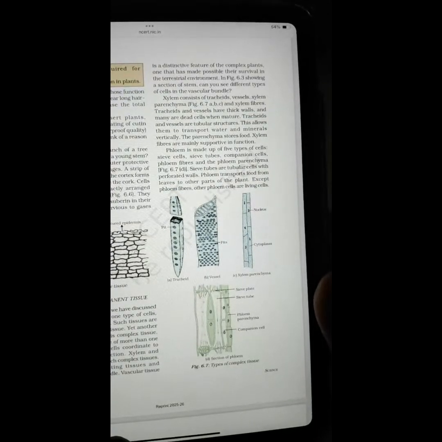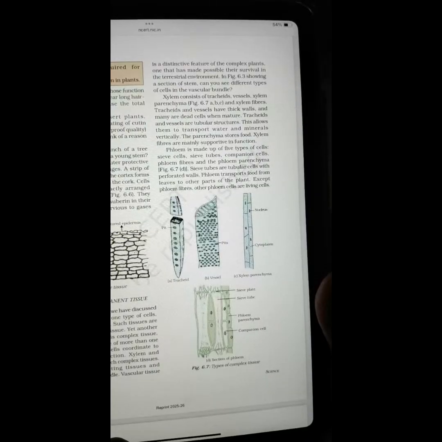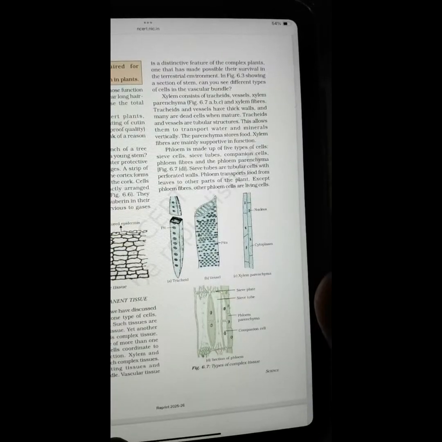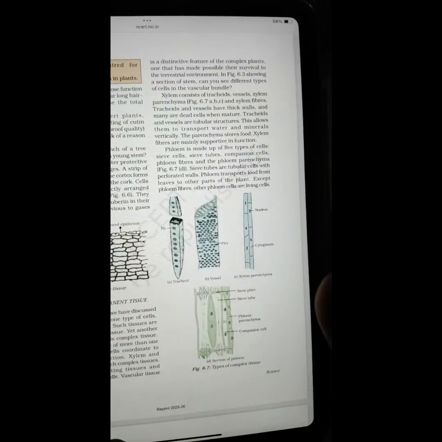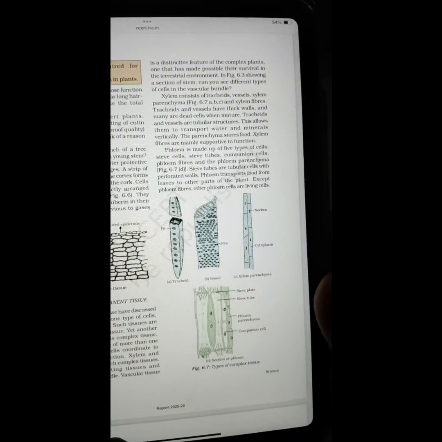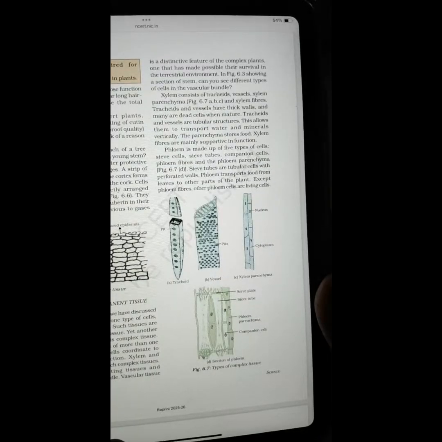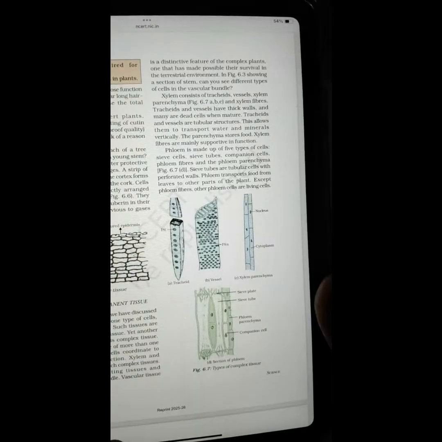Xylem consists of tracheids, vessels, xylem parenchyma, figure 6.7 a, b, c, and xylem fibers. Tracheids and vessels have thick walls and many are dead cells when mature. Tracheids and vessels are tubular structures. This allows them to transport water and minerals vertically. The parenchyma stores food. Xylem fibers are mainly supportive in function.